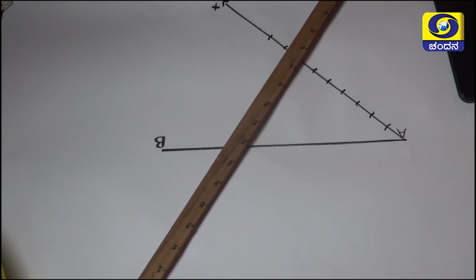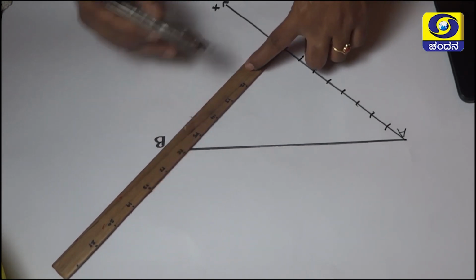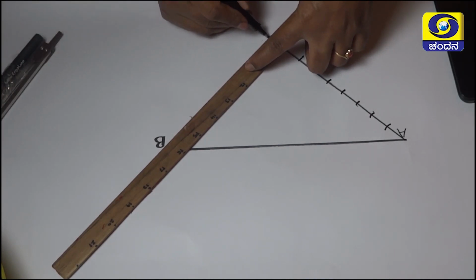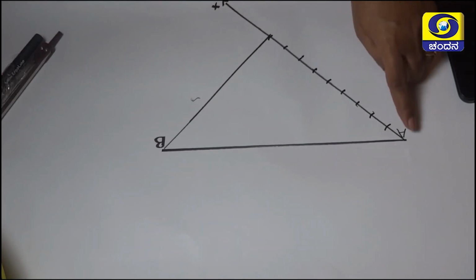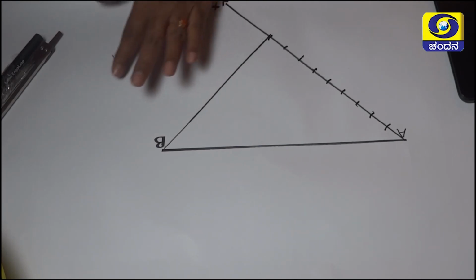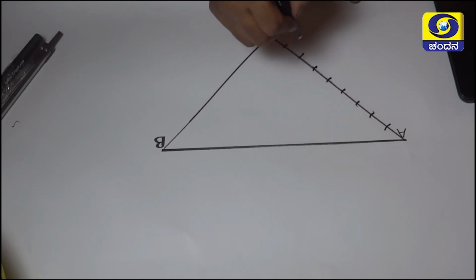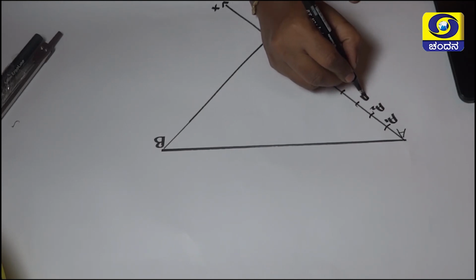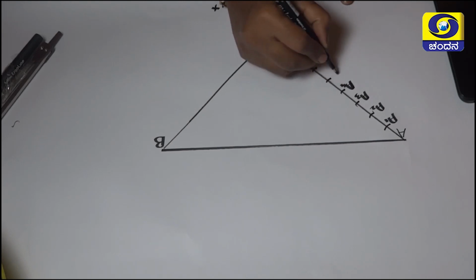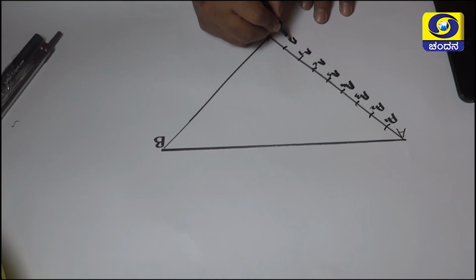Now join this ninth arc to the end point of the line segment AB. To draw a line from the fifth part to line segment AB, let us copy the angle formed at the ninth point. Before that, let us name all these arcs as A1, A2, A3, up to A9.